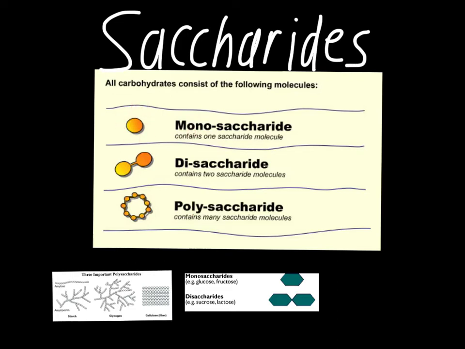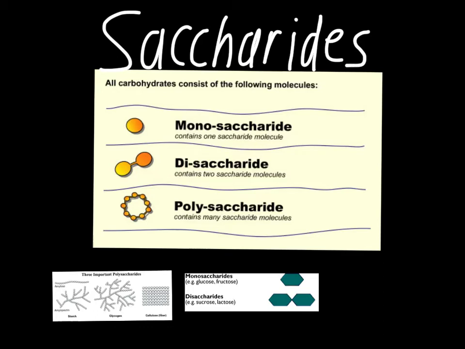Something like this would be glucose or fructose, very, very simple, small sugars. Disaccharides are two saccharides bonded together, so the prefix di tells us two. Things like sucrose and lactose apply here, like the sugar found in a lot of fruits, because there's sucrose and fructose usually found in fruits. And then lactose, obviously, the sugar that's found in milk, would be a disaccharide.